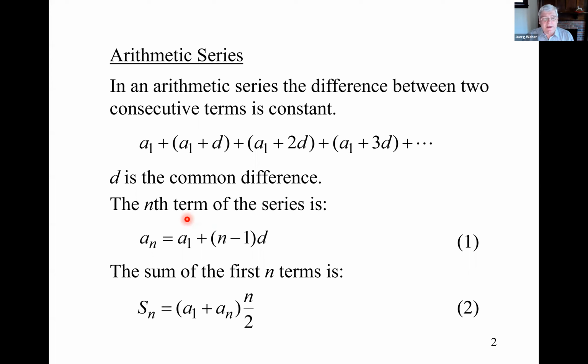You see this arithmetic series here begins at time 1. And so the fourth term we have here, n minus 1, gives me 3. Now, if you begin the series at time 0, if you call the first term of the series A0, then you would have here a 4. And so you have here n.